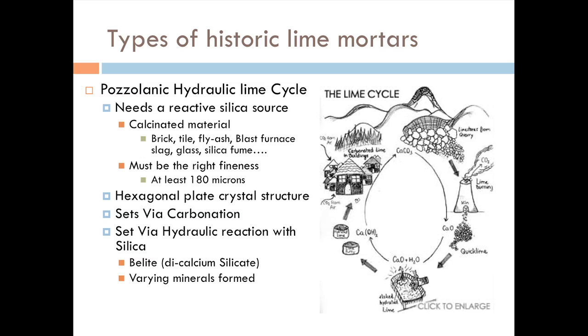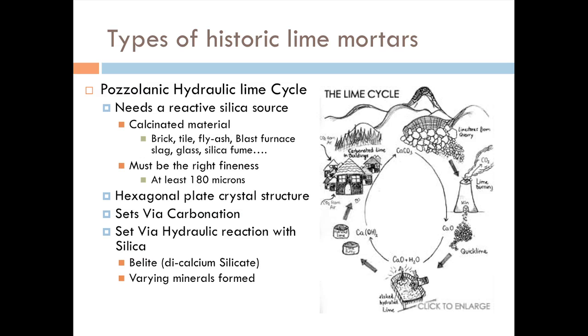But they have to be a right fineness to make them more reactive, to have things set underwater. Again, they also have a hexagonal plate structure. They can accommodate movement to some degree, but there's a bunch of other minerals that can be formed along with the belite that's formed in the naturally occurring hydraulic limes.